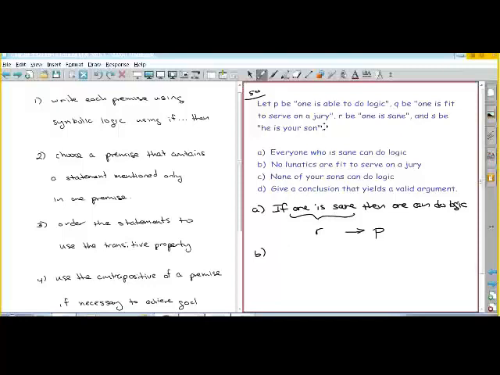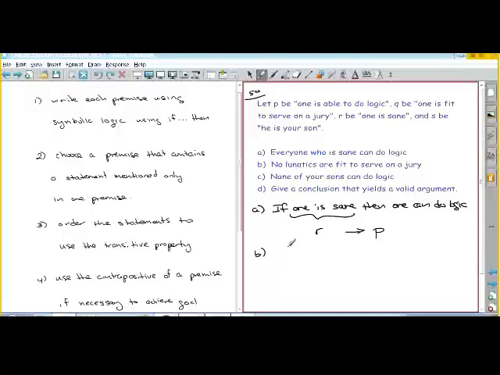So what is a lunatic? Using some of these, which letter applies to lunatics? Yeah, one is sane. So the negation of one is sane is one is insane. One who's insane is a lunatic.